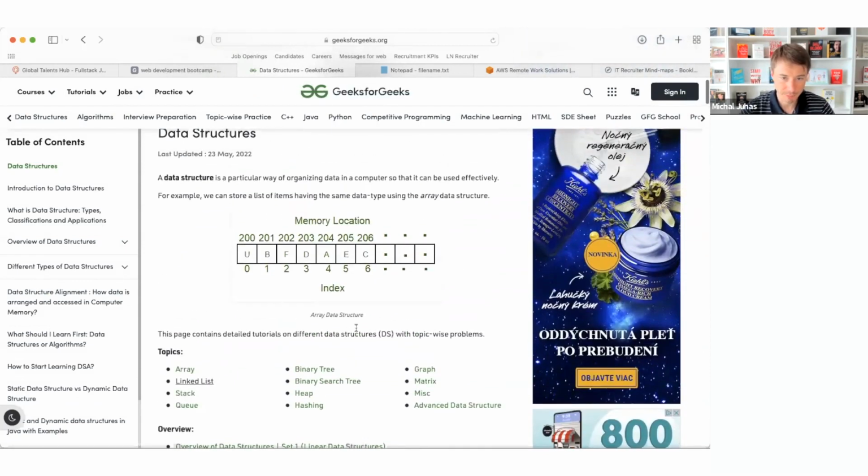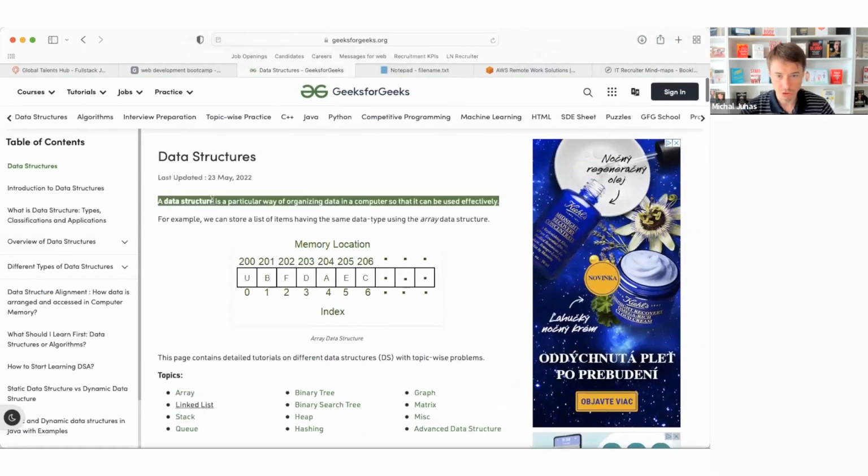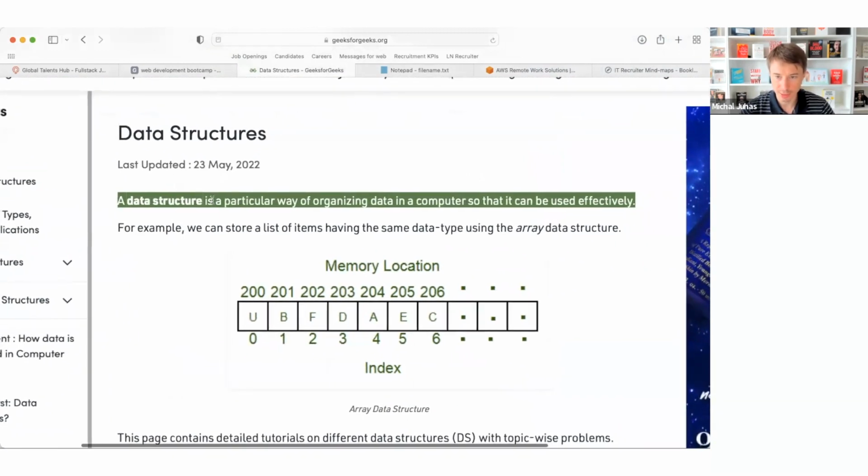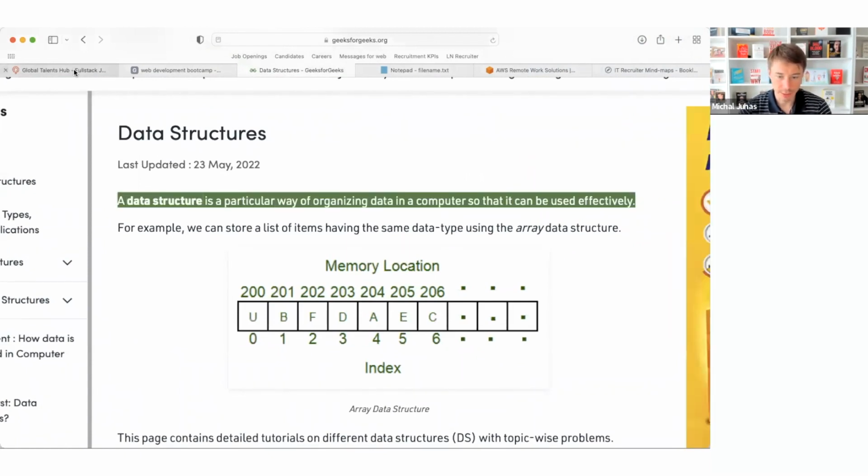There are some. A data structure is a particular way of organizing data in a computer so that it can be used effectively. Okay, so it's also about this company, they need to reorder inventory, reorder those 30,000 documents for the construction worker.